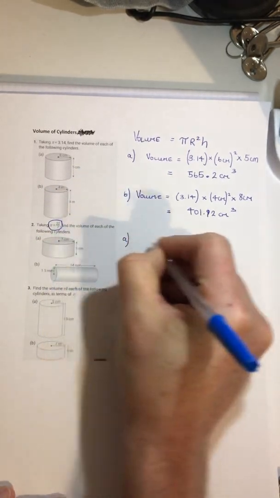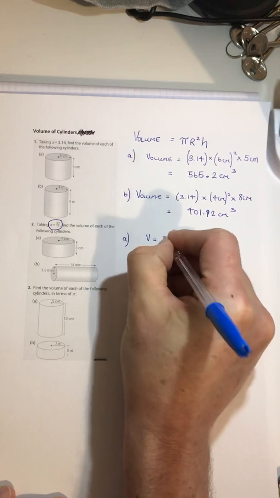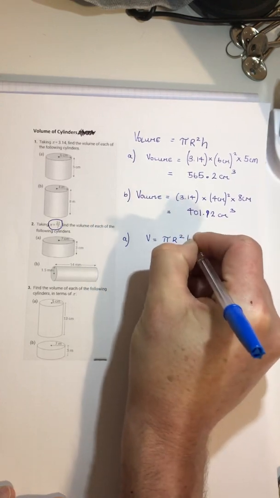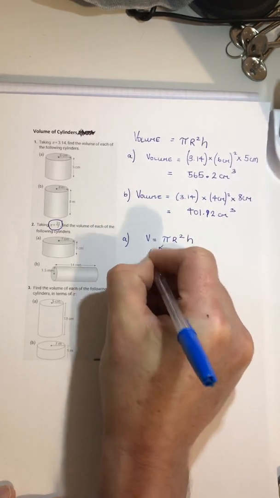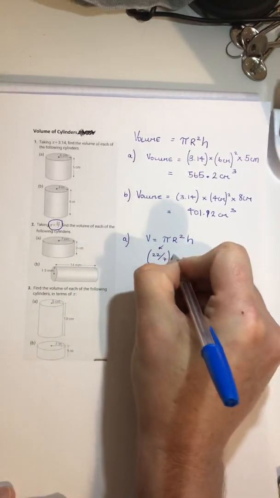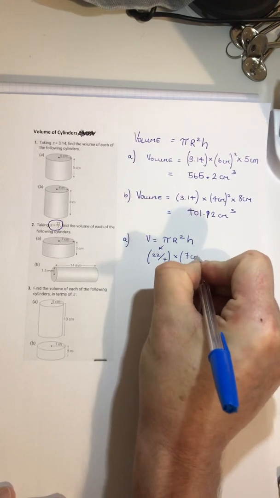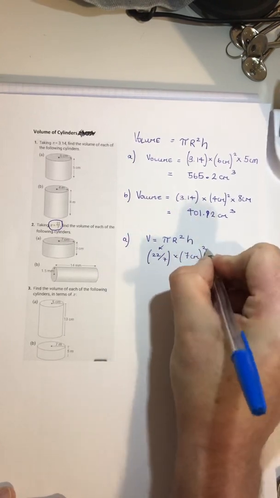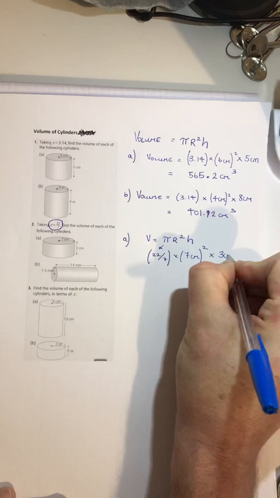Now for part 2, we're taking pi as 22/7. So for part A, volume is equal to pi r squared h, but this time pi is 22/7. The radius is 7 centimeters and that's squared, and the height is 3 centimeters.